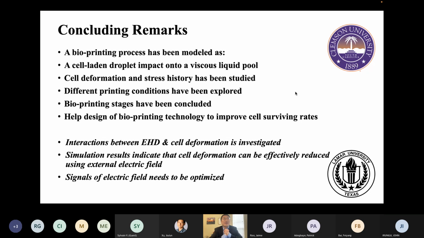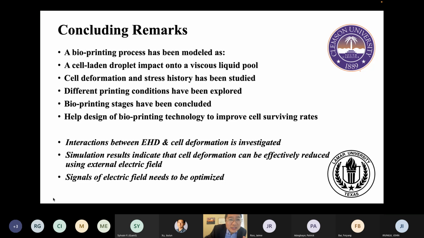So let me give the concluding remarks. The majority of the work I presented today was done in my PhD stage, and the EHD study is done in my current work. During this work, we see that a bioprinting process can be modeled as a cell-laden droplet impact onto a viscous liquid pool. Cell deformation and cell history are important.